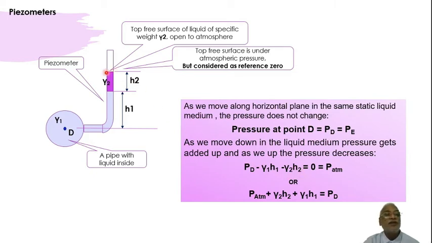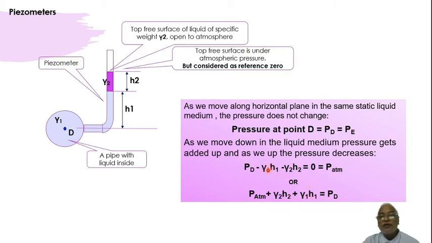What I will reach here is open to atmosphere, that is to say atmospheric pressure, which is taken as 0 for gauge pressure. It is equated to 0. So we can rewrite this equation as PD equal to gamma 1 h1 plus gamma 2 h2.